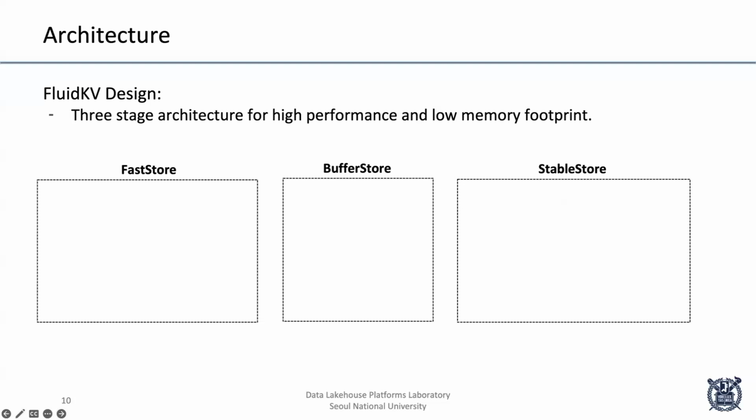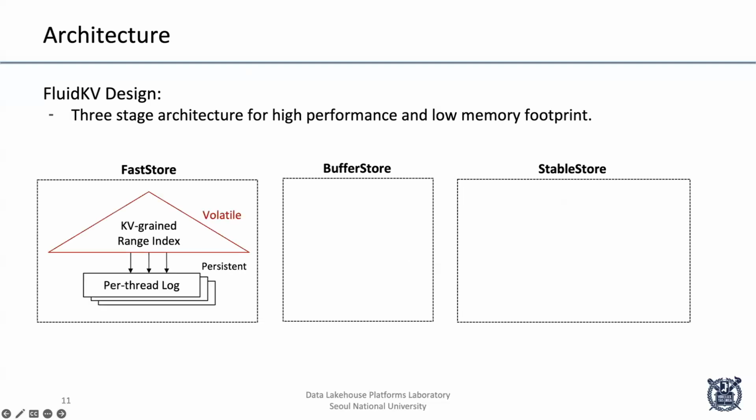It's designed as a 3-stage architecture that includes a small and high performance front end, a large and memory efficient backend, and a buffer store bridging the front end and the backend stages to provide fluidity in FluidKV. So starting with a fast store, it adopts a KV grained concurrent volatile range index and multiple thread exclusive logs.